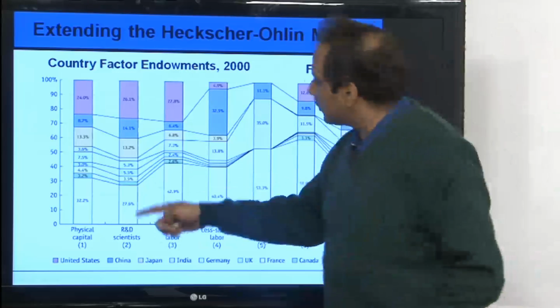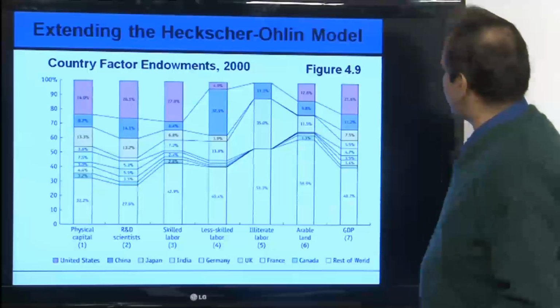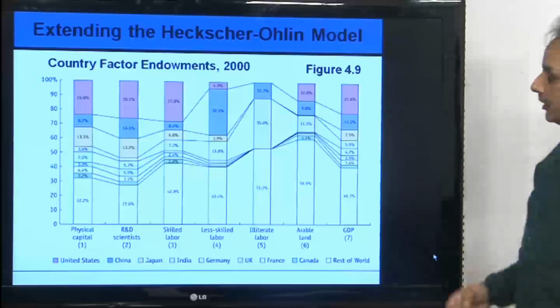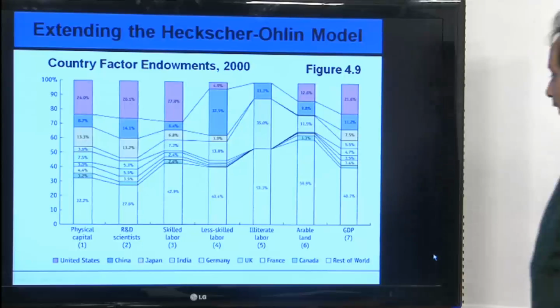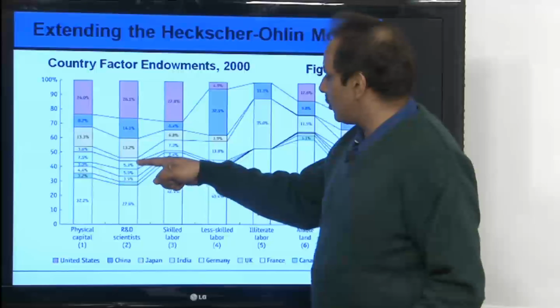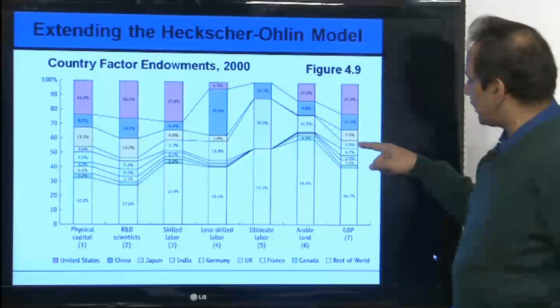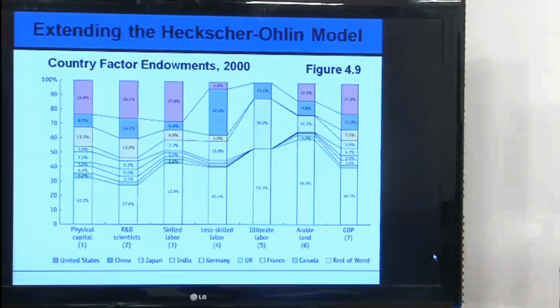Come to R&D scientists. The US share is 26.1%, its GDP share is 21.6%. So, US is rich in R&D scientists. India, if you look, the share is very minimal, it is less than its GDP share. So, it is scarce in R&D scientists.